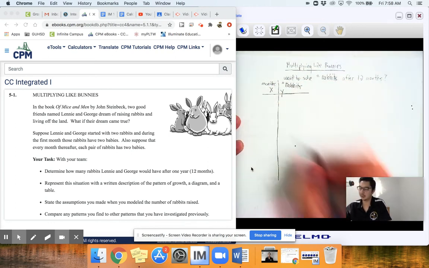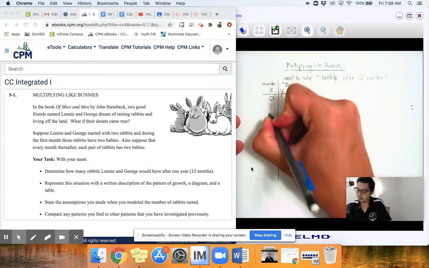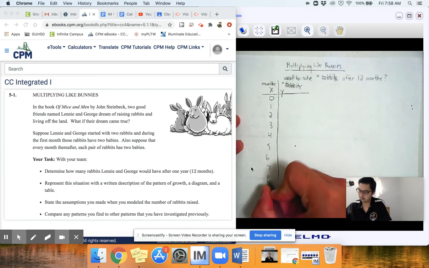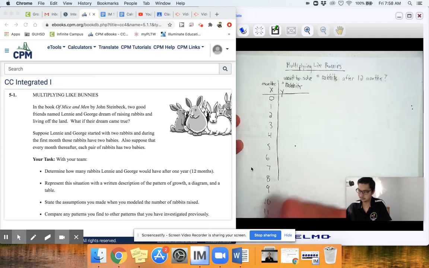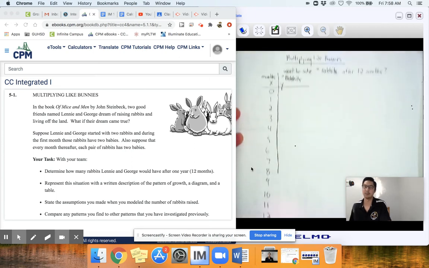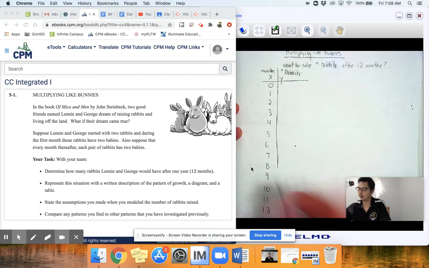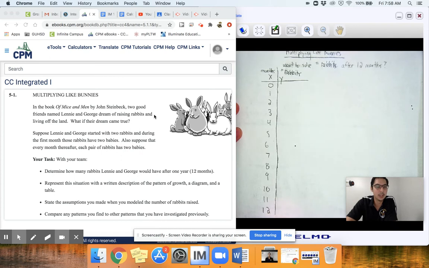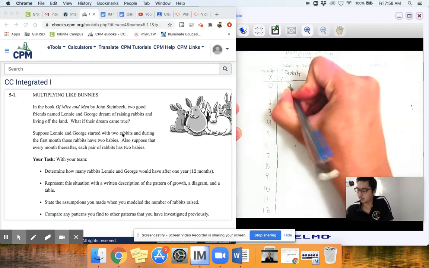We always like to start our table at 0, and we're going to go all the way down to 12. So let's make sense of this. It says in the problem, suppose Lenny and George started with 2 rabbits. So that means that in month 0, they started with 2.